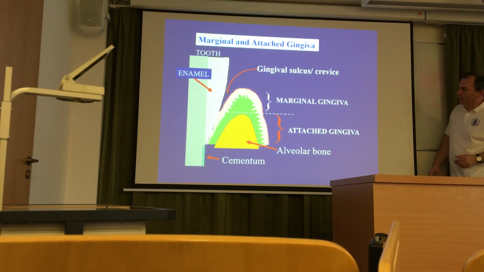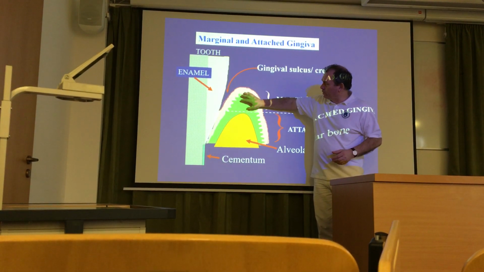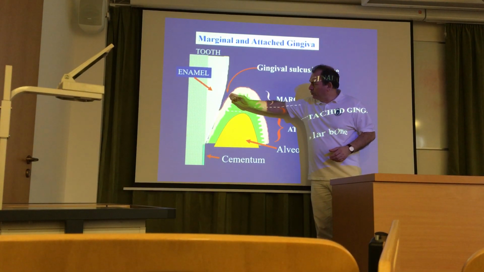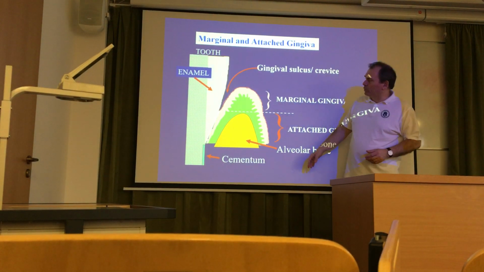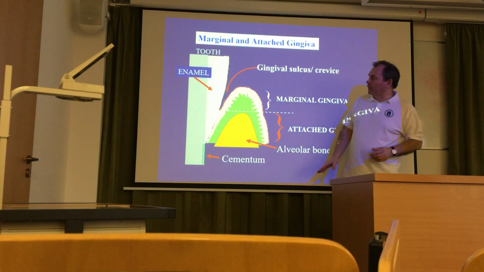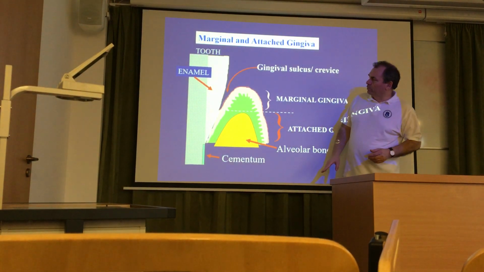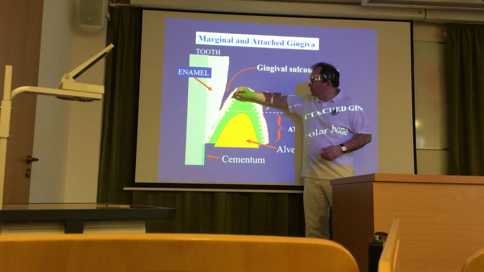So normally, above the bony level, this is the free gingiva, and on the sulcular side of the free gingiva there is the sulcular epithelium, and between this sulcular epithelium and the enamel we have the sulcus.